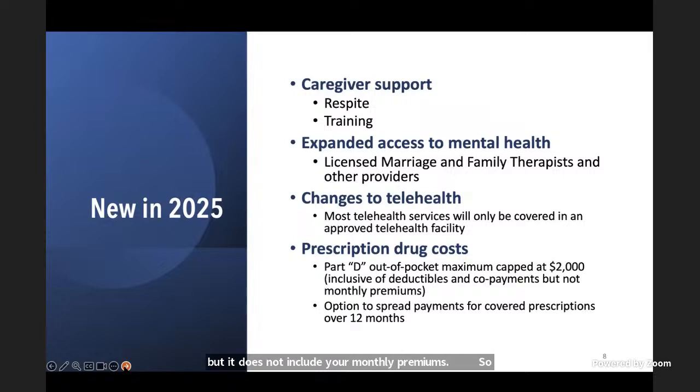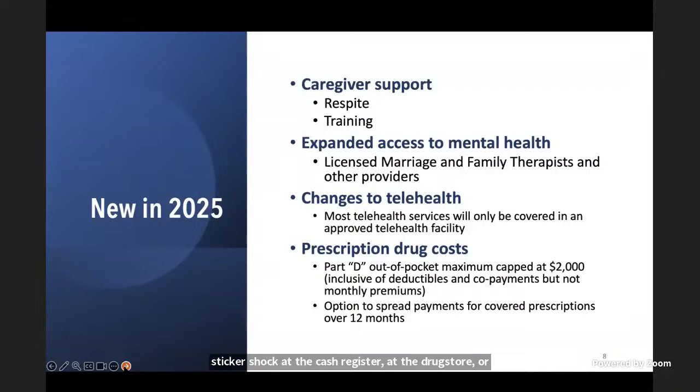And then another thing that may be of interest to some of the people you work with is that Part D plans will have to offer an option to spread payments out over 12 months. And so this is with an eye toward people not getting sticker shock at the cash register at the drugstore or wherever they're picking up their medications, right?